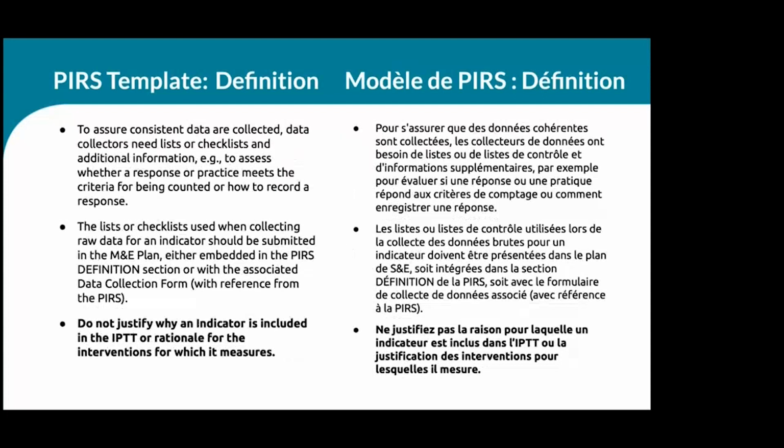This helps to ensure that consistent data is collected, as I mentioned before, and provides the actual list or checklists for the data collectors when they're collecting the raw data. Just a note here that this is not where specifically the justification is provided for whether an indicator is included in an IPTT.